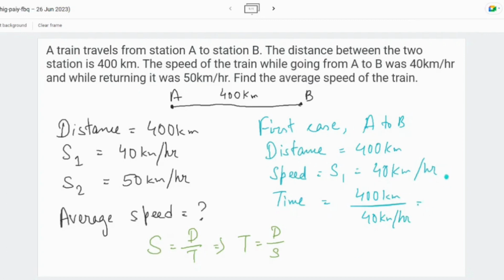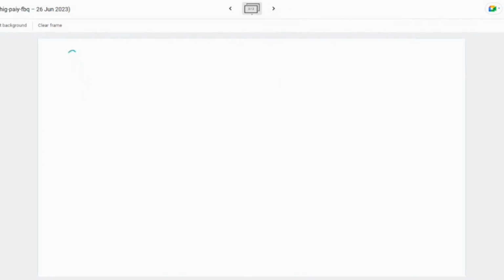Now I'm going to the next page, and in the second case we can see when the train is traveling from B to A, the distance is again 400 kilometers and the speed S2 is 50 kilometers per hour. Okay, right.